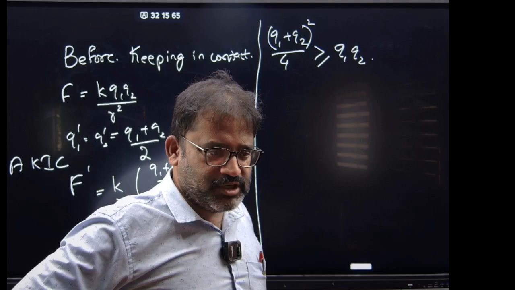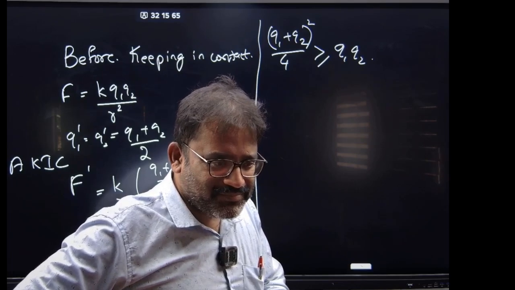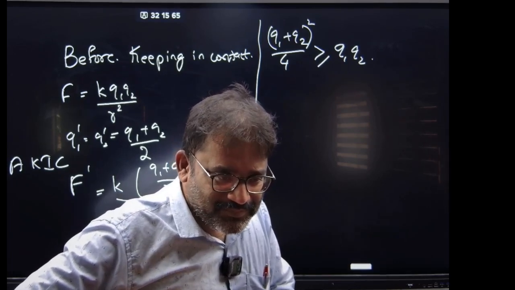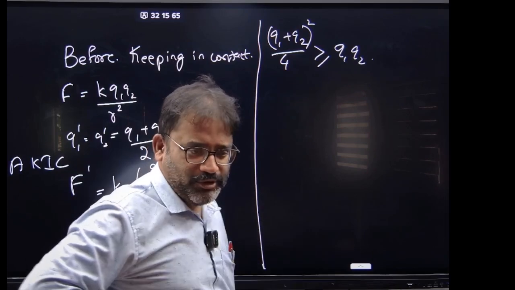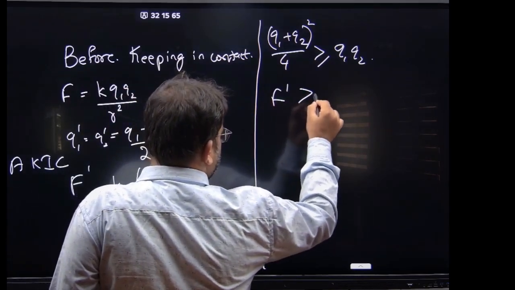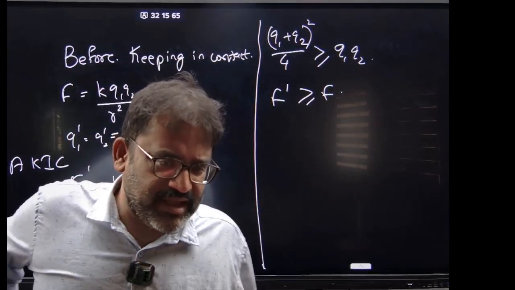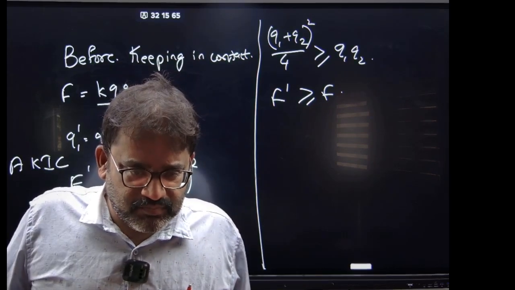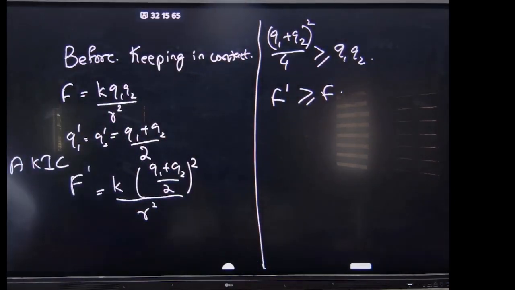GP does not mean general practitioner. Geometric progression. Very good. So because of that, this relation holds good. Now that means F prime is greater than or equal to F. Now forget the equal to, we can say it is greater than F. So the right option is, verify it. Correct? Very good. Next question.